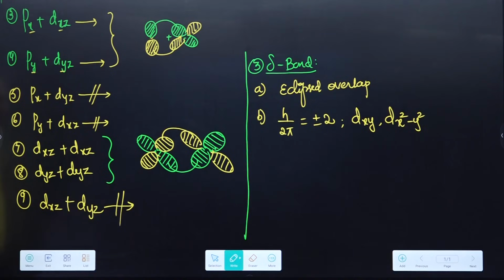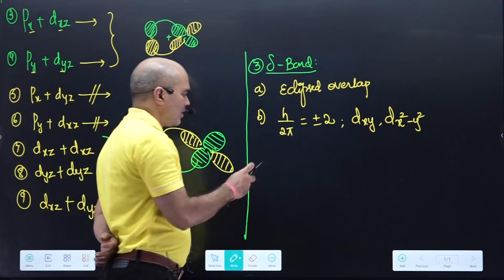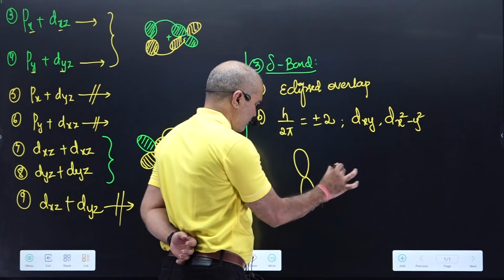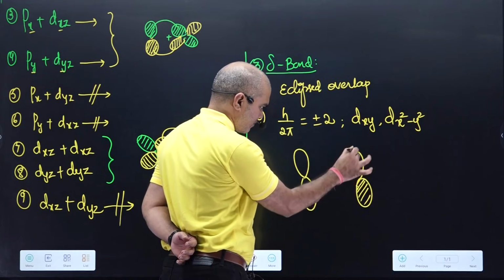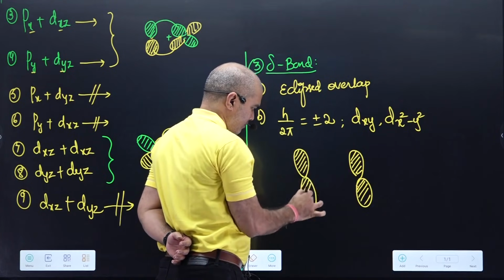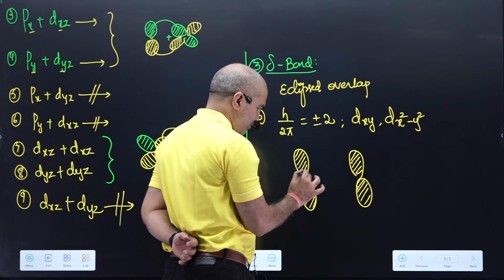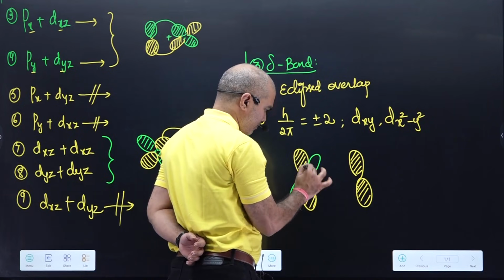Completed. So which orbitals can combine? dxy with dxy, eclipsed overlap. If these two are above and below, these two are like towards you and away from you.